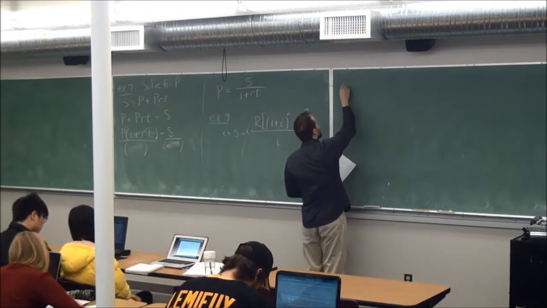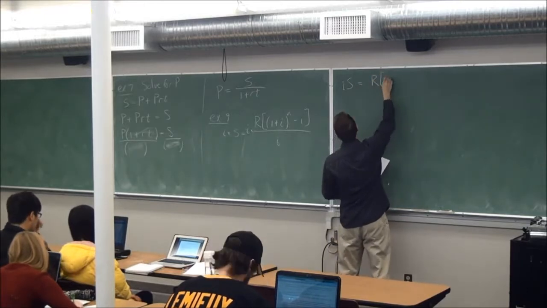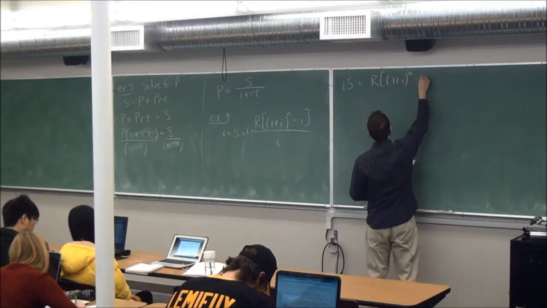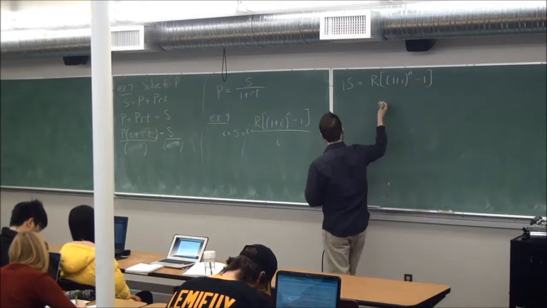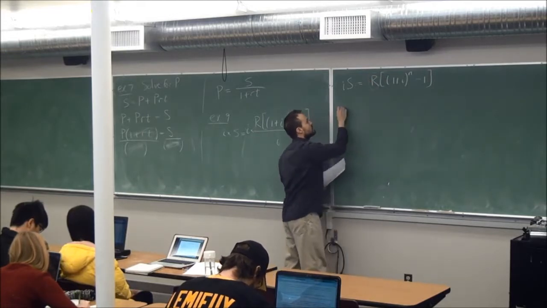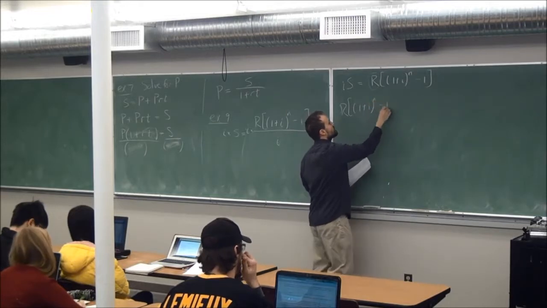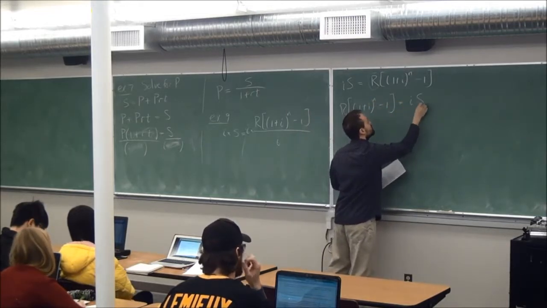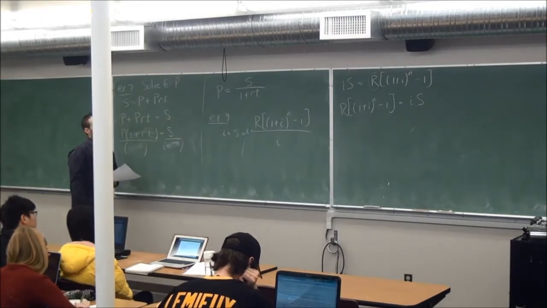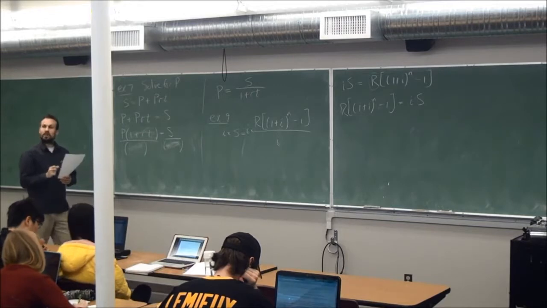So then I have I times S equals R times [1 plus I to the n, that's an I, minus 1]. Let's write it the other way around. This is my variable. I like my variable on the left, it makes me feel better. Now, what do I do to get R alone on the left?